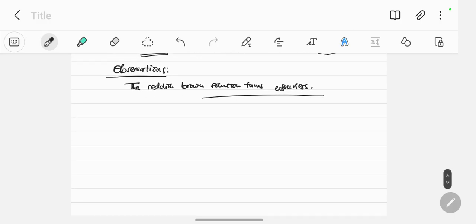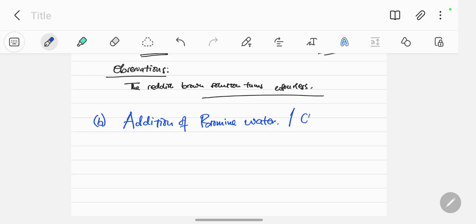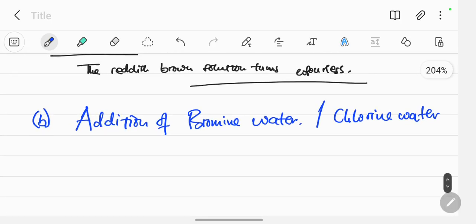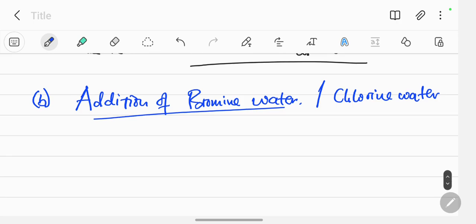So we move on to addition of bromine water or chlorine water. When I add bromine water to any alkene, this is what happens.